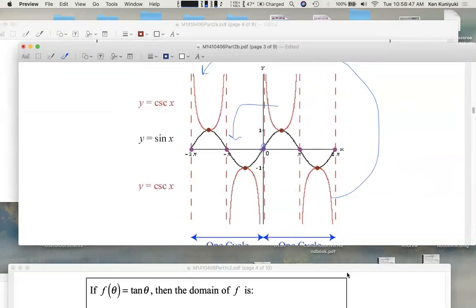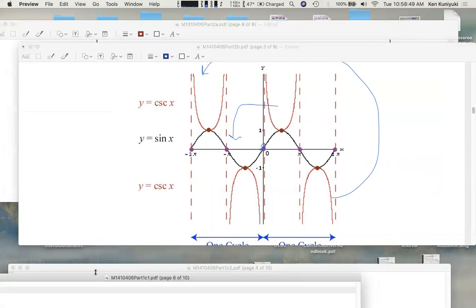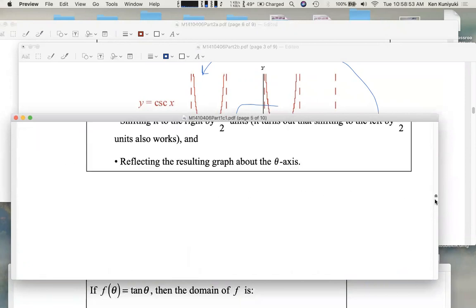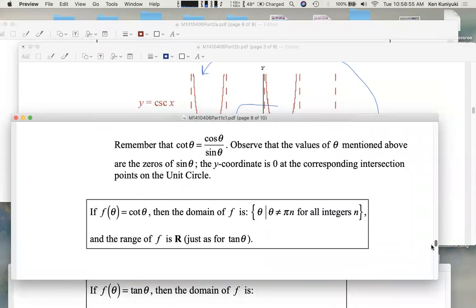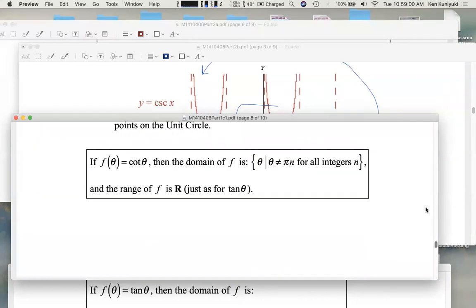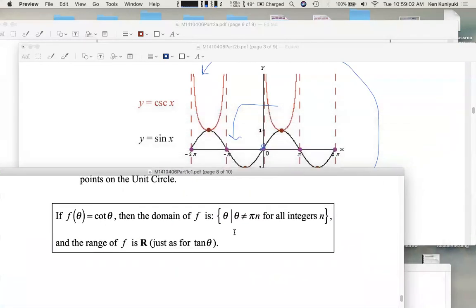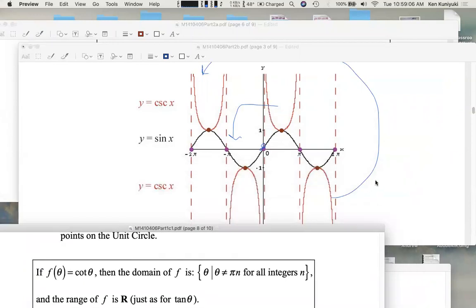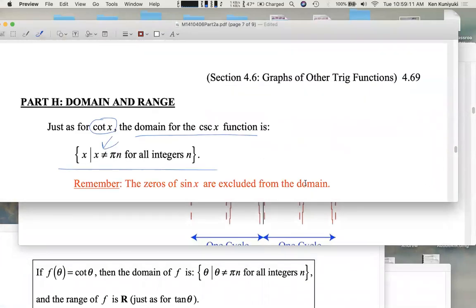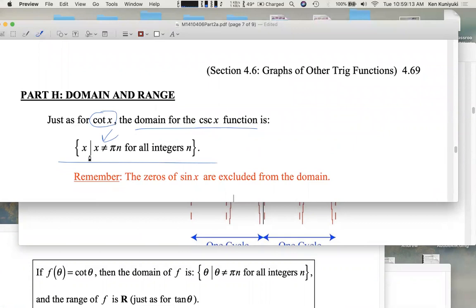The domain for the cotangent function was the set of all real values of theta that were not of the form pi n. Likewise, the domain for the cosecant function is the same: all real values of x in this case, where x is not of the form pi n for integer n.